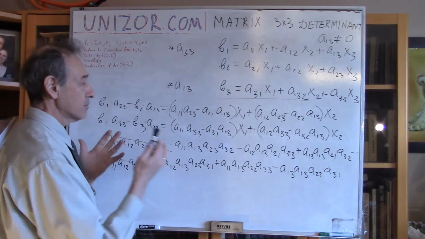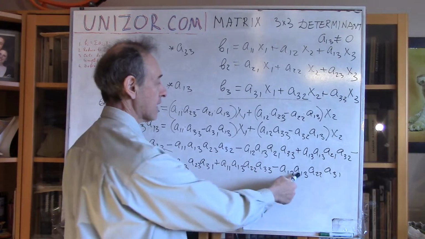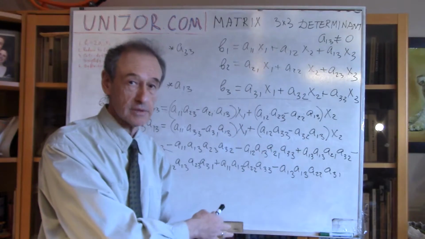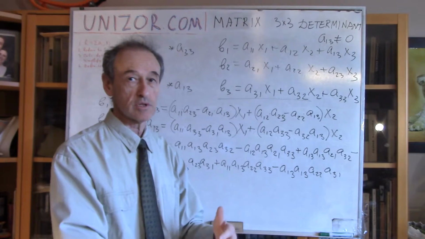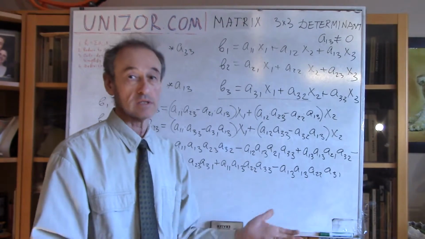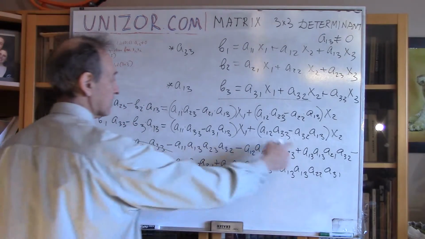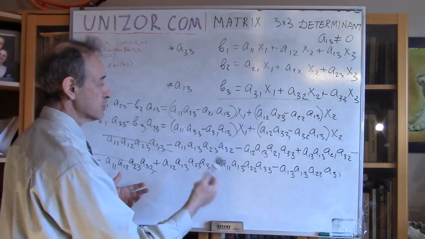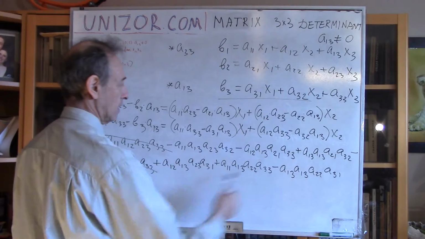If I am asking whether something is equal to 0 or not, and I can factor out A13 which is not equal to 0, then whatever is left after I factor it out is either equal to 0 or not, which means I can consider, instead of this particular expression, the one with A13 factored out.